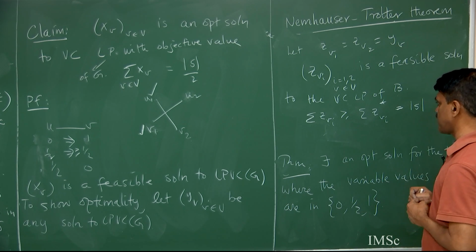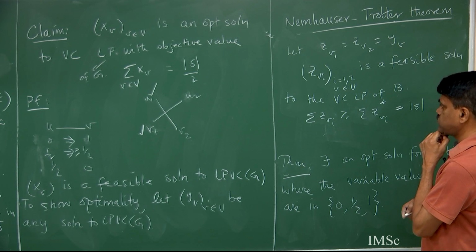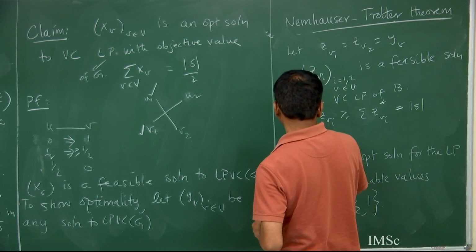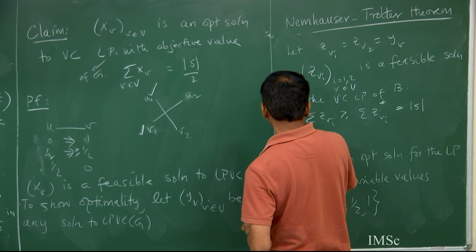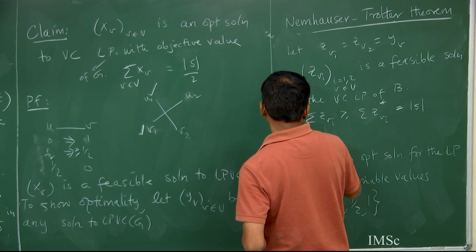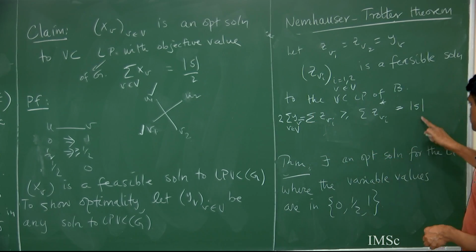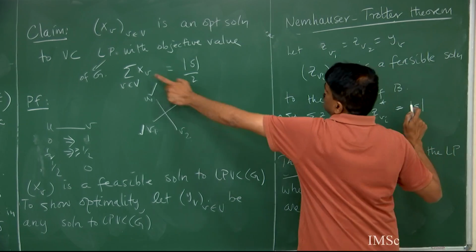So this is equal to cardinality of S. But this is equal to 2 into summation YV, right? Because every YV is repeated 2 times. But what is this? This is 2 into summation XV.